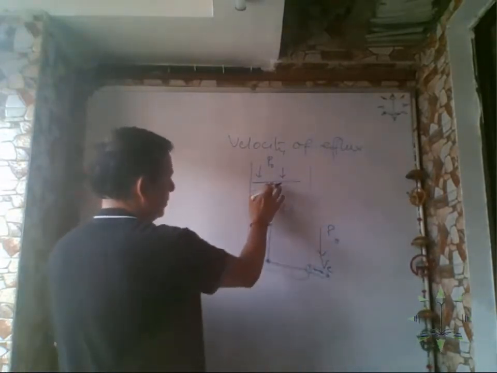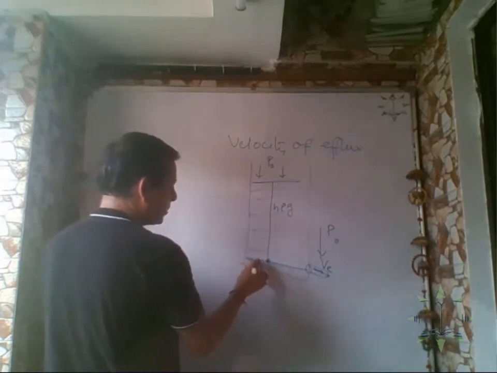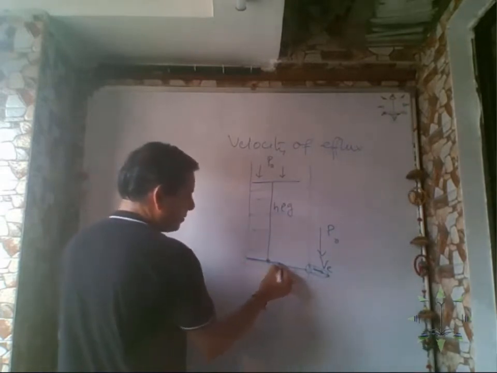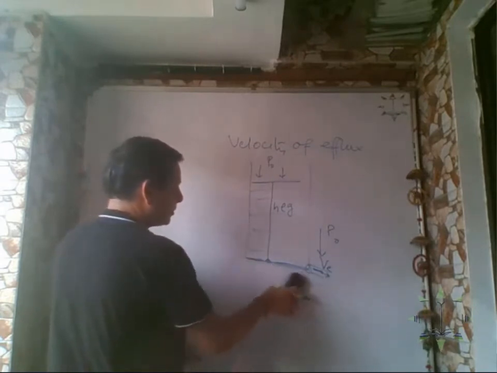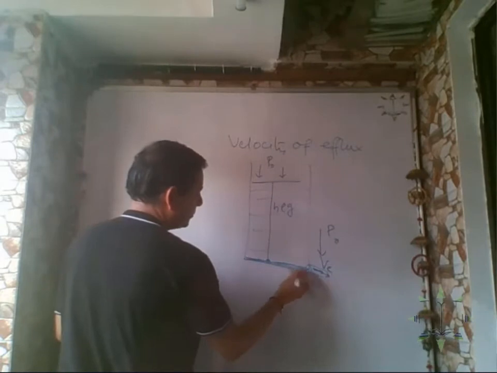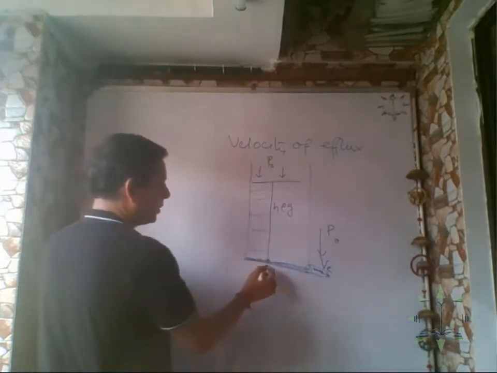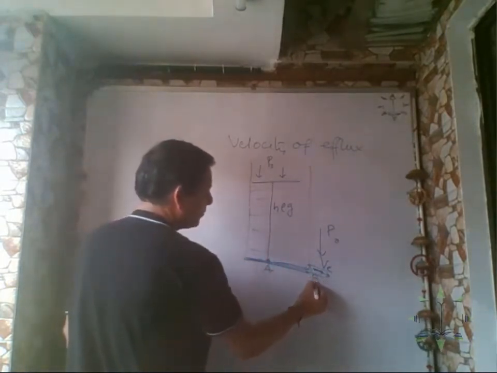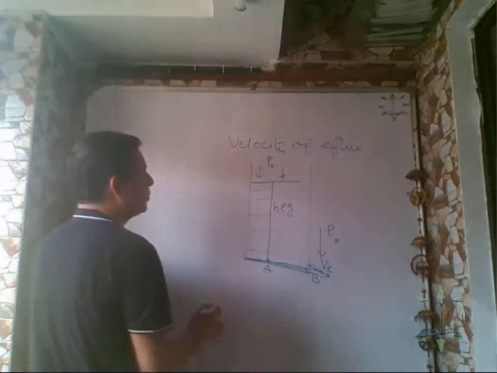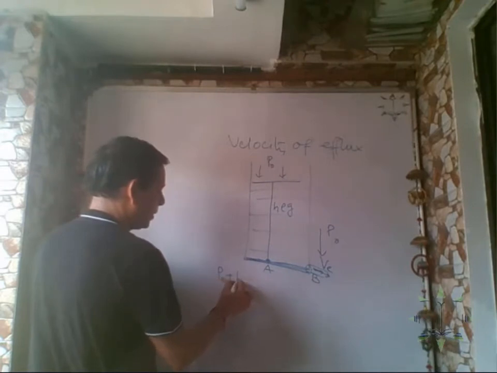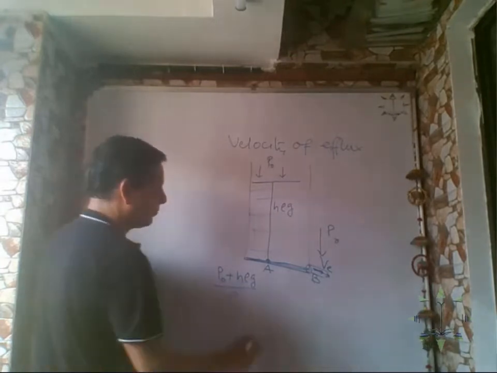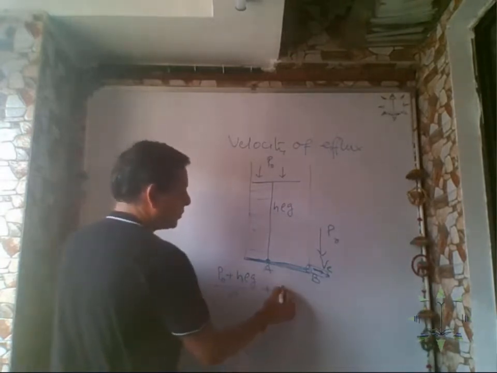At this point, gravitational potential energy is 0 because this is the baseline, there is no height. Let us consider this is the bottom of the container, with point A here and point B at the outlet. At point A, the pressure energy is P0 plus H rho g, the total pressure, divided by rho, plus kinetic energy 0.